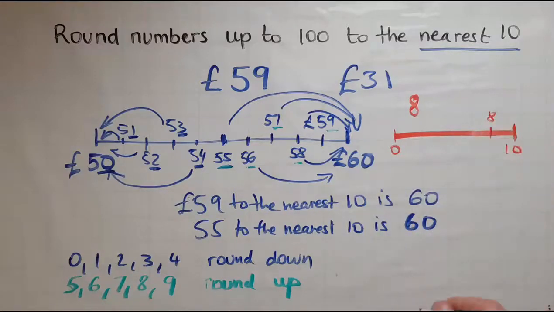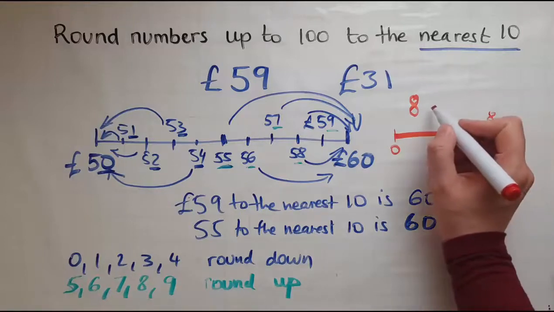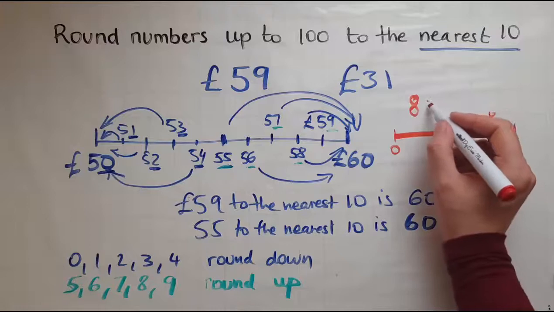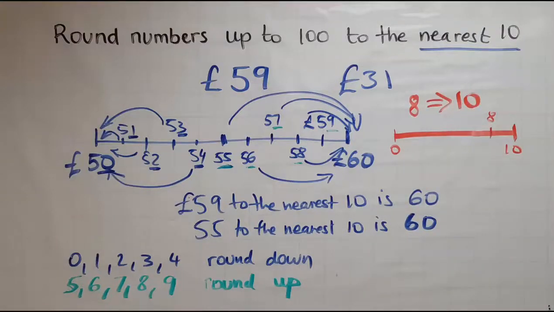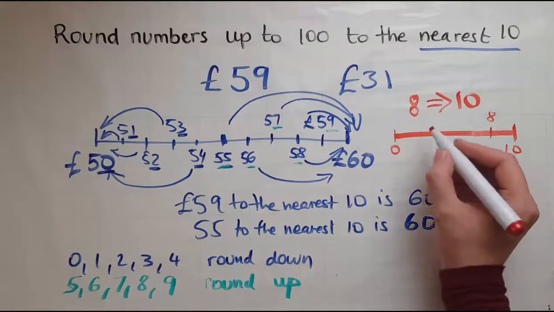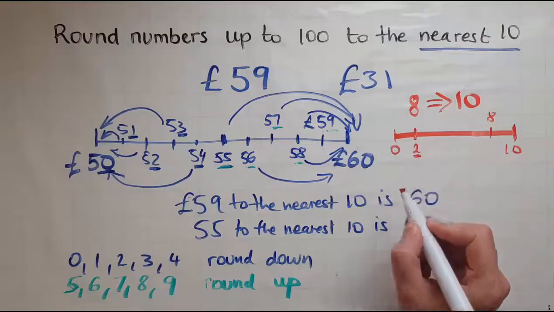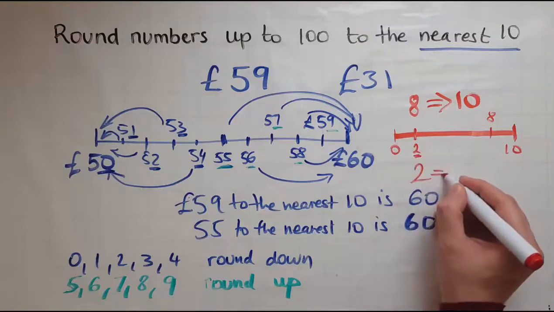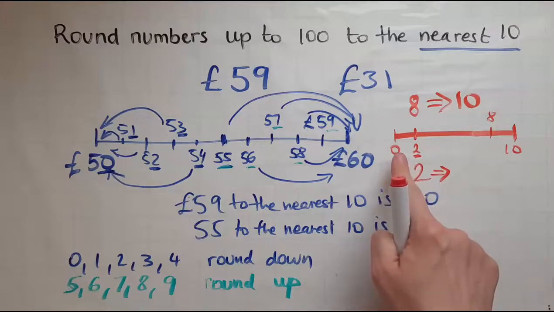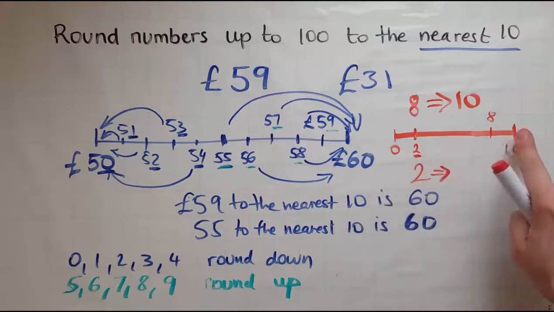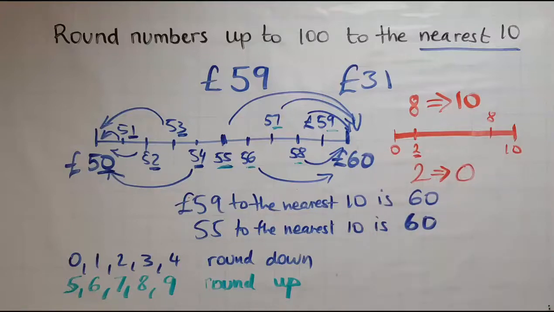So to the nearest 10, that would be 10. If I have 2, for instance, which is here, about, to the nearest 10, that would be 0. So it stands between 0 and 10. It's not closer to 10, but it's closer to 0. So that would be 0.